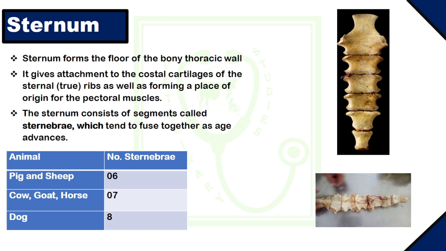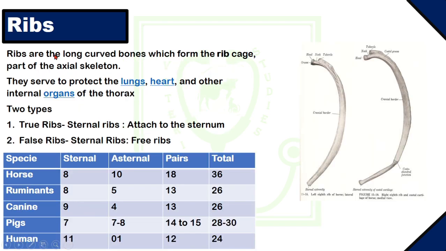Like in pig and sheep, there are 6 sternebrae, cow, goat and horse 7, and dog have 8 sternebrae. Ribs. Ribs are the long curved bones which form the rib cage, which is an important part of the axial skeleton.